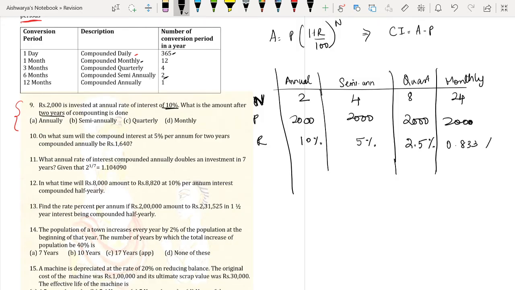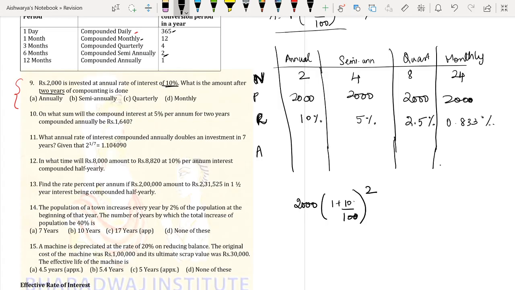These will be your percentages. Okay. So now let us calculate the amount using this particular formula. Just take your calculator and start doing it. 2000 into, I don't have space here, so I am writing it here, 1 plus 10 by 100, the whole power n. N is 2.